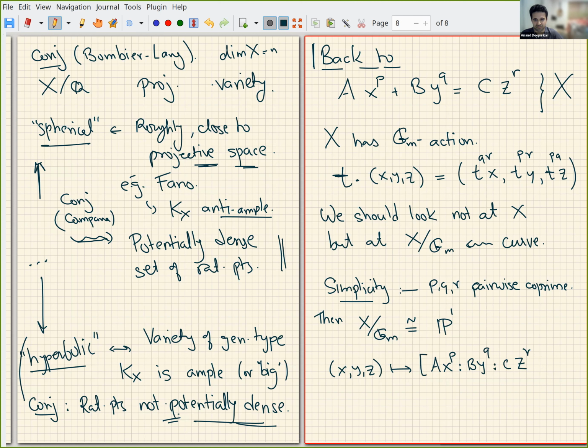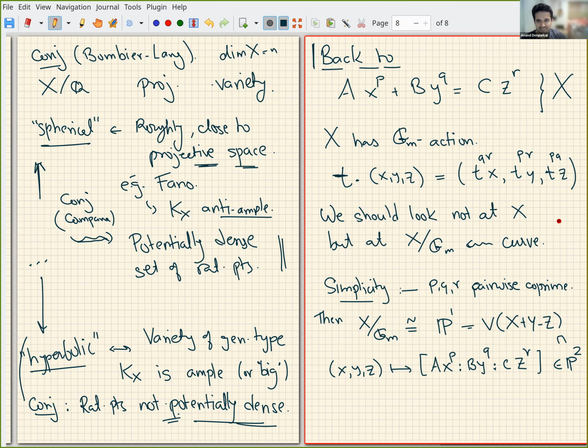It lies in P2. But this P1 is the vanishing set of X plus Y minus Z in P2. So the fibers of this map are exactly the GM orbits, at least when P, Q, R are pairwise coprime. So the quotient is P1, realized via this map.